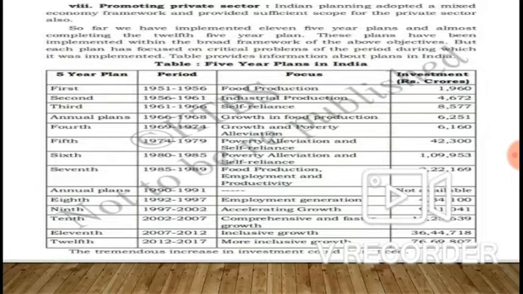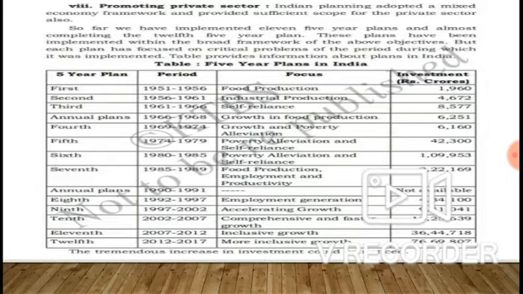The third, self-reliance, annual plan, growth in food production. Fourth, growth and poverty alleviation. Fifth, poverty alleviation and self-reliance. Sixth, poverty alleviation and self-reliance. And the seventh, food production, employment and productivity.